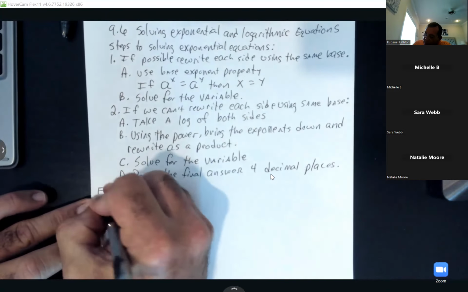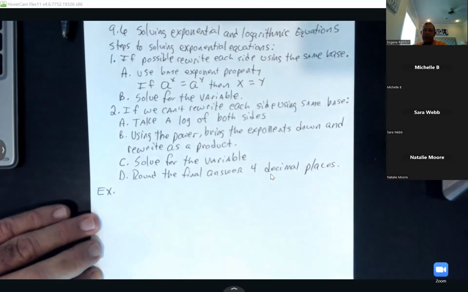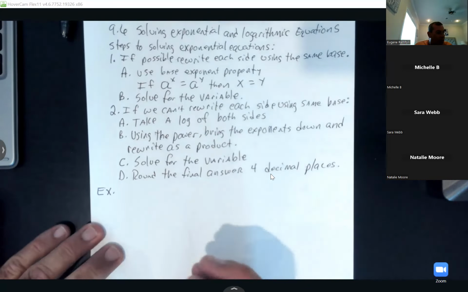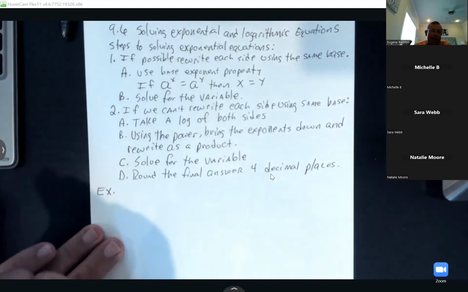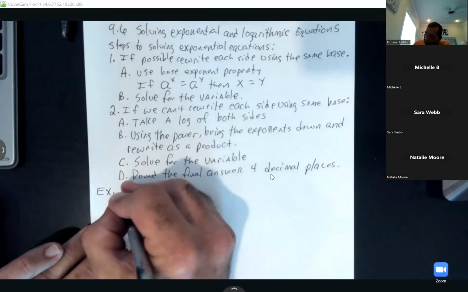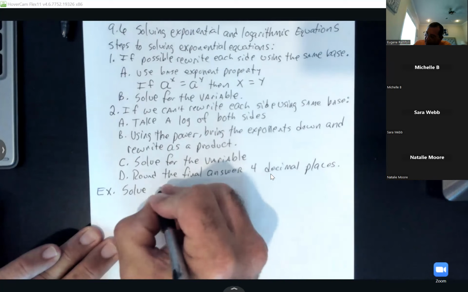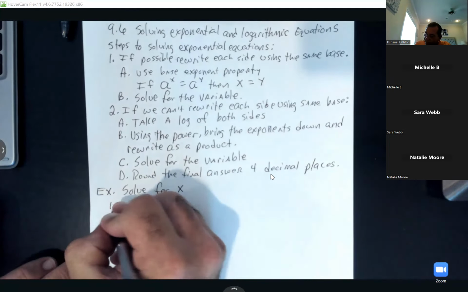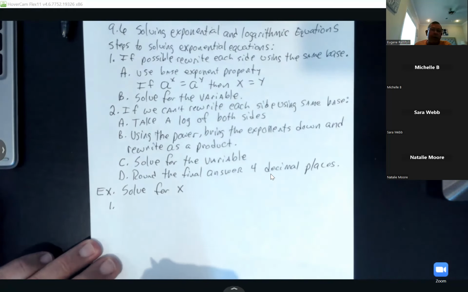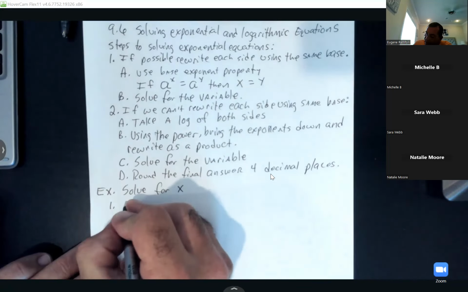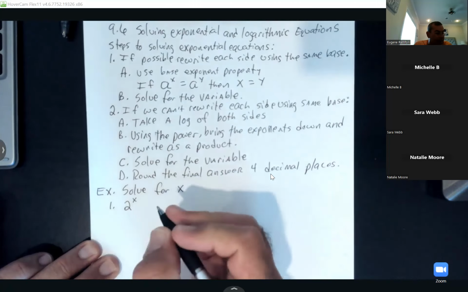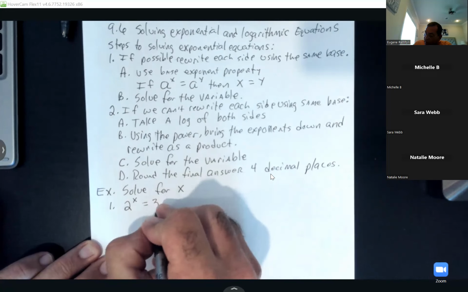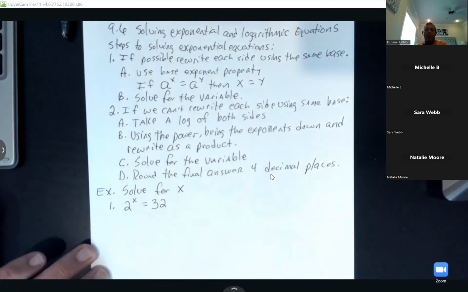So y'all, let's start playing with these. We're going to start out, and these are just going to say solve for X. So y'all, number one has 2 to the X equals 32.